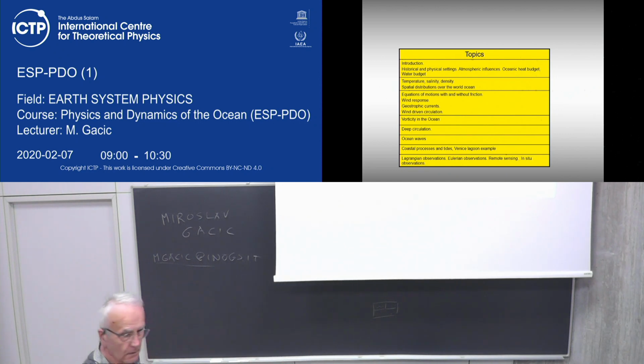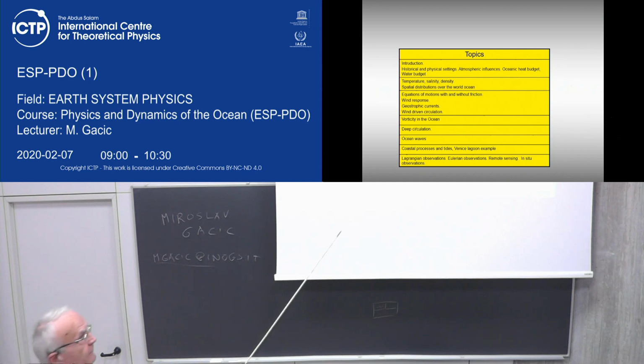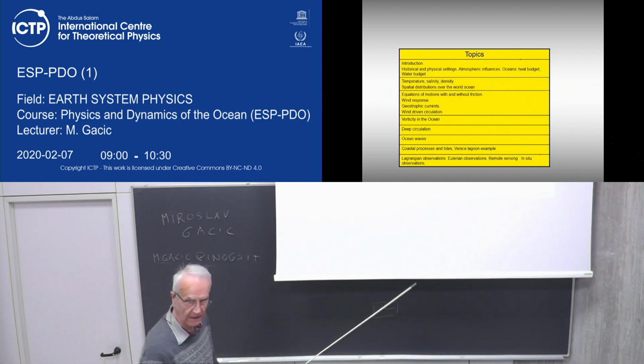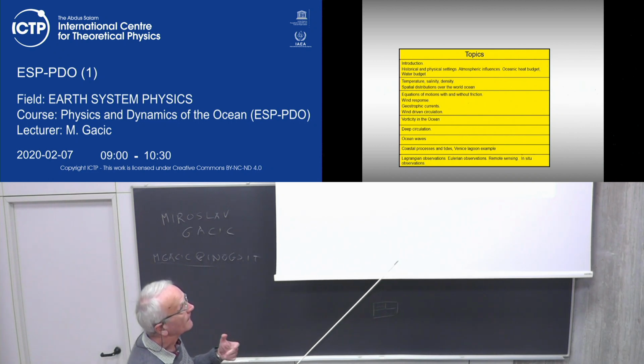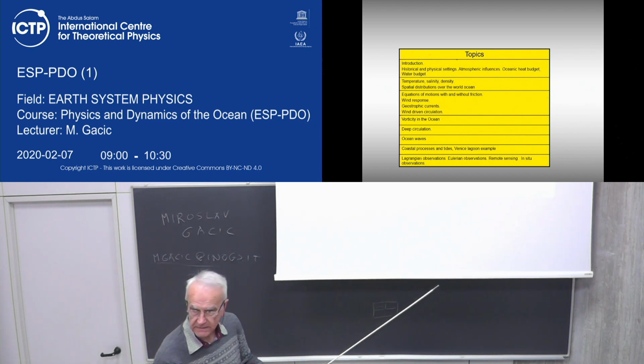Lagrangian observation. Then the last part will be the observations in the ocean and the methods of measurements in the ocean: the currents, the temperature, the salinity, and all this stuff. And we will be talking about remote sensing, that means satellite observations or land-based remote sensing.